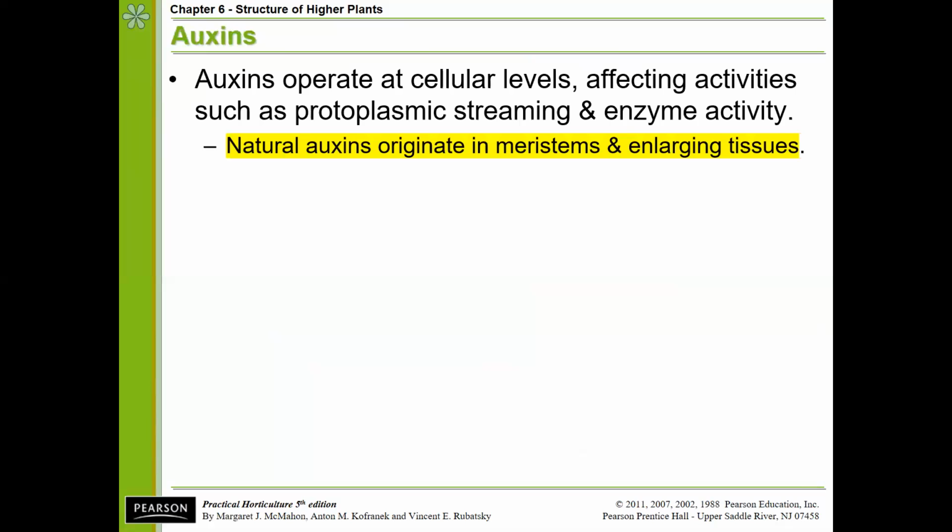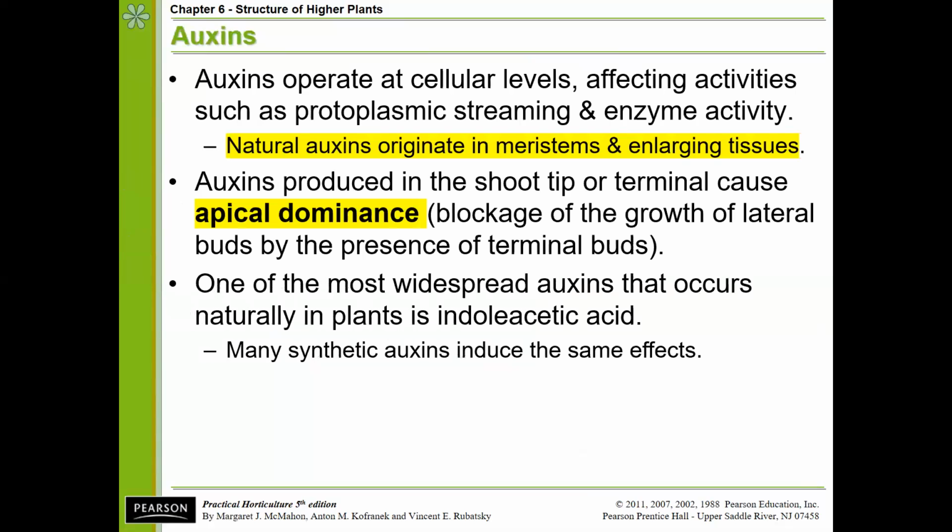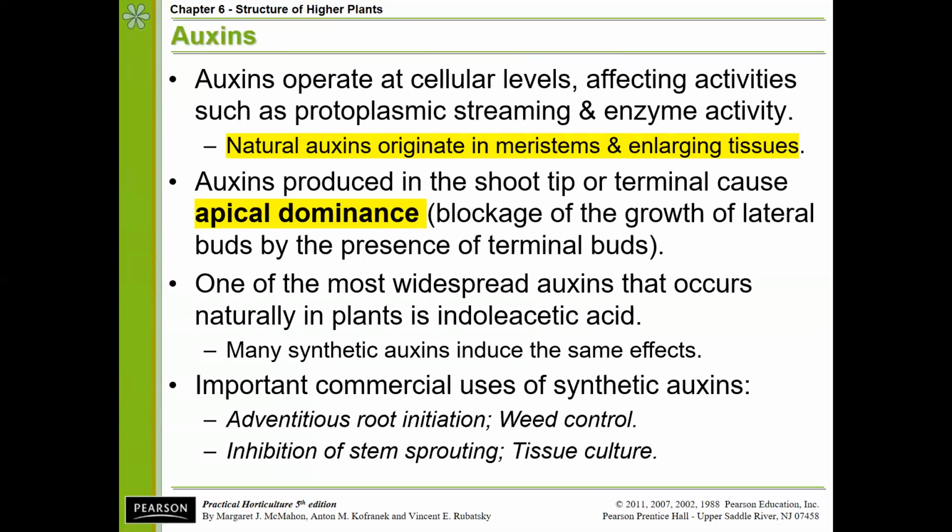We have auxins occurring in meristems and enlarging tissues, and they are very important in creating apical dominance. The growing tip is where most of the auxins are stored in the plant.